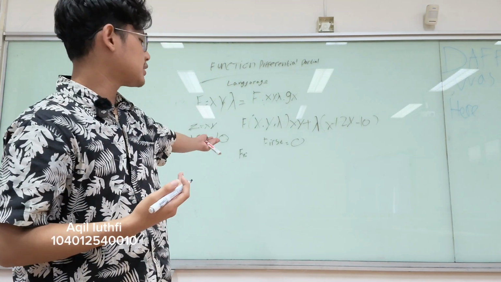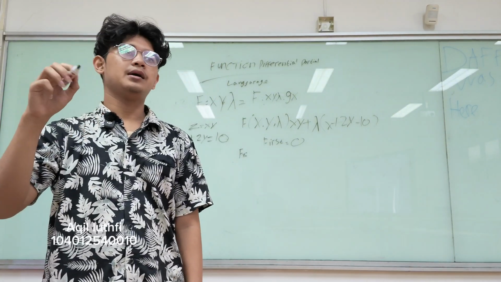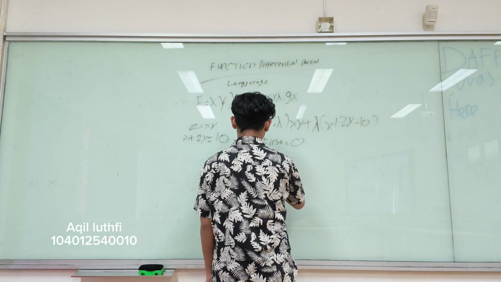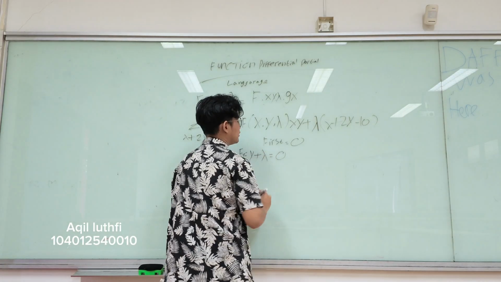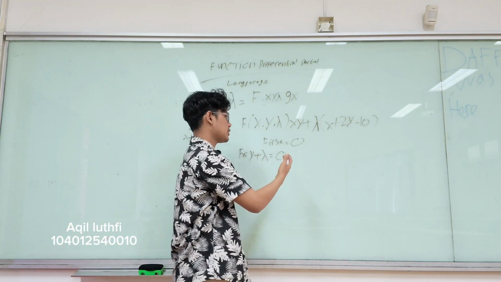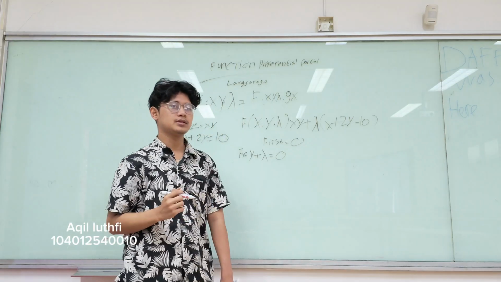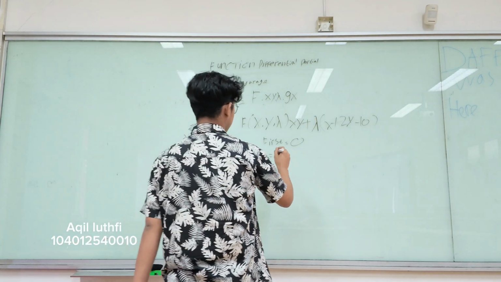Because we use fx, we write y plus Lagrange equal 0. Why 0? Because as we know, we use the first is 0.